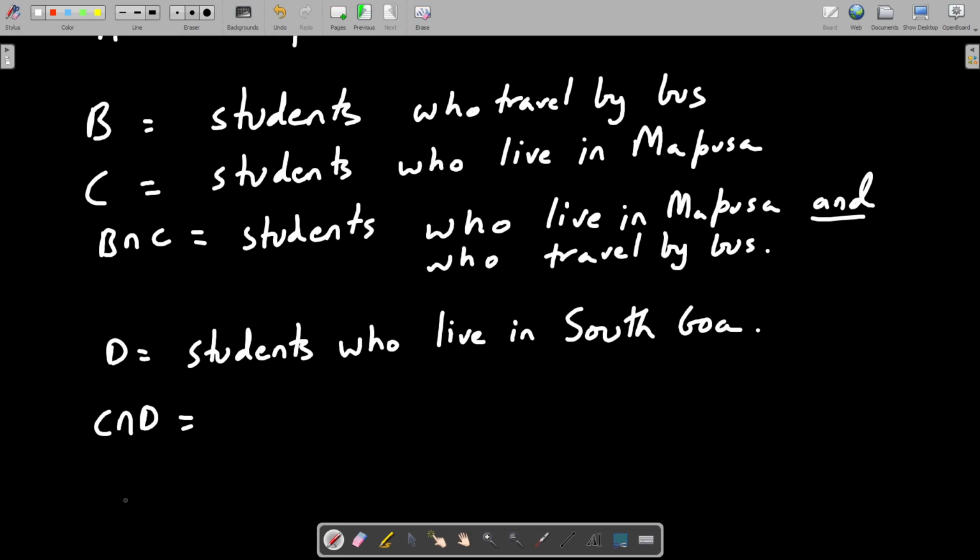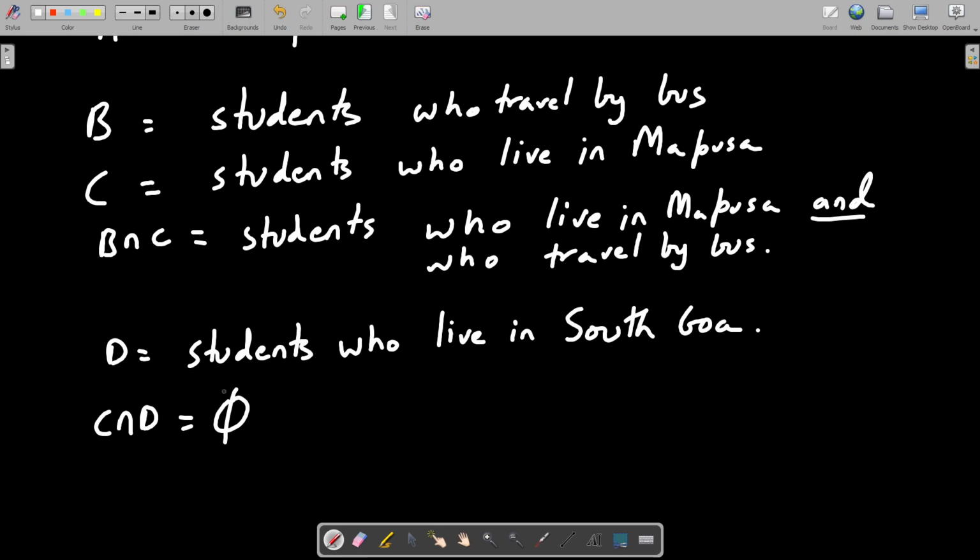Can it be a student who is living in Mapsa also and he is living in South Goa also? No, right? So this has to be an empty set, right? So this is an empty set.